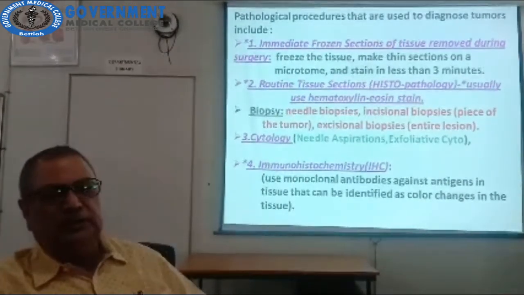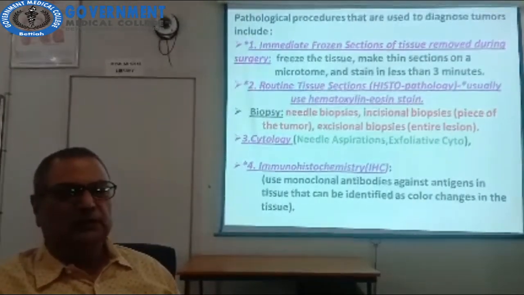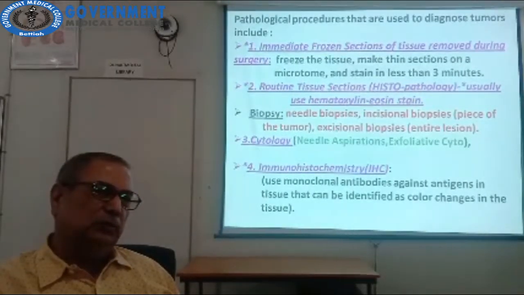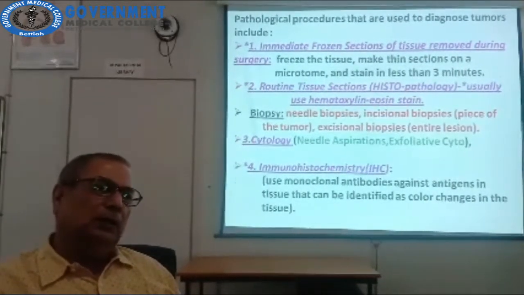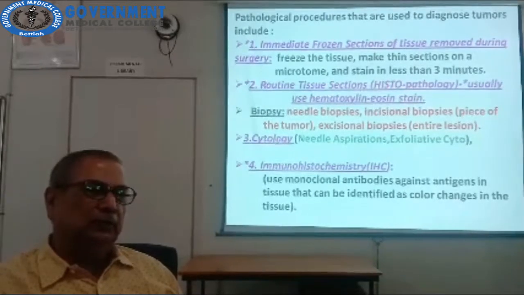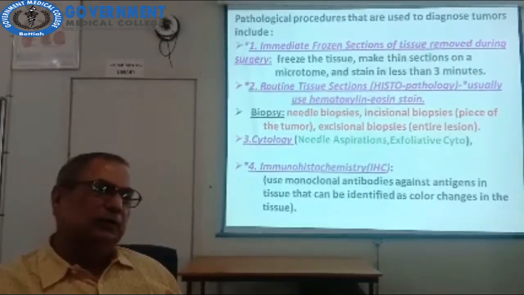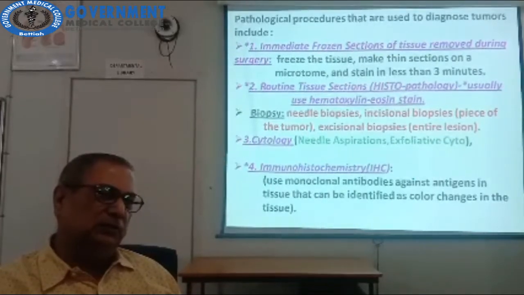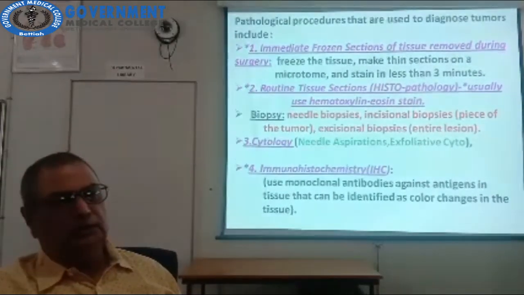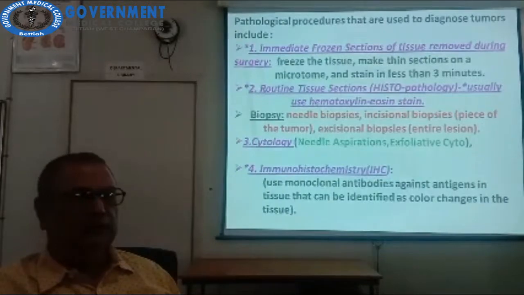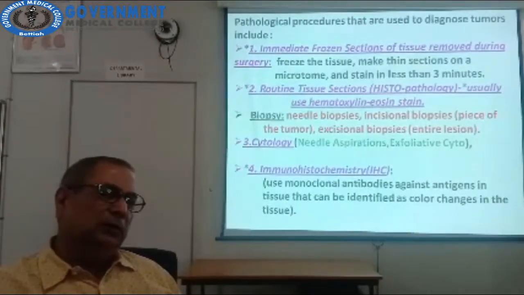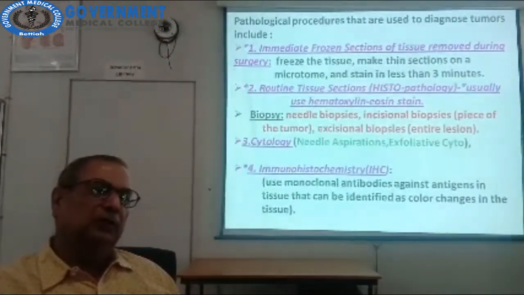Then sputum is taken for exfoliative cytology for bronchogenic carcinoma, or bronchoalveolar lavage is taken, or gastric lavage or gastric aspiration is taken for exfoliative cytology in case of gastric carcinoma. Similarly, stool examination is for colorectal carcinoma, or urine examination for urinary bladder carcinoma.